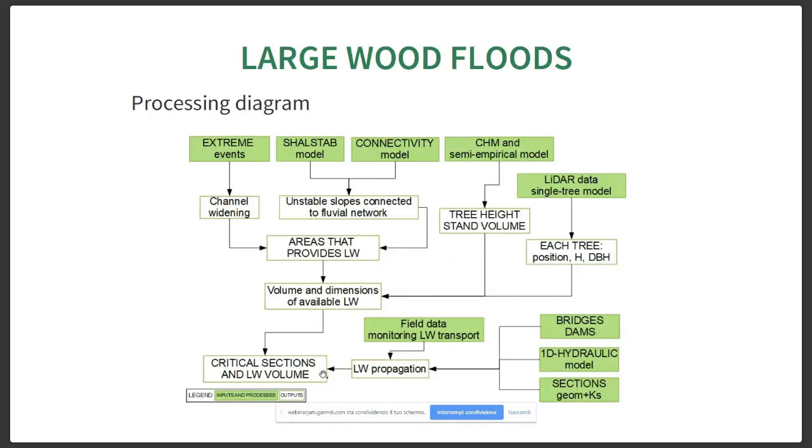To evaluate this, we also need some information about the propagation, which can be derived through field data and monitoring of past events of large wood, using a 1D hydraulic model, and some information about bridges, dams, and sections.